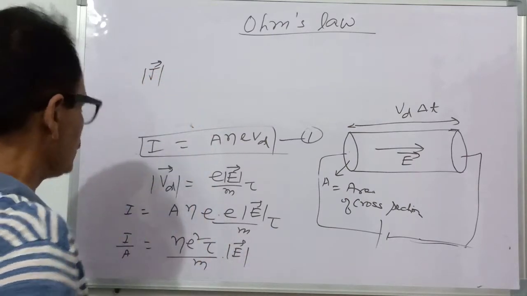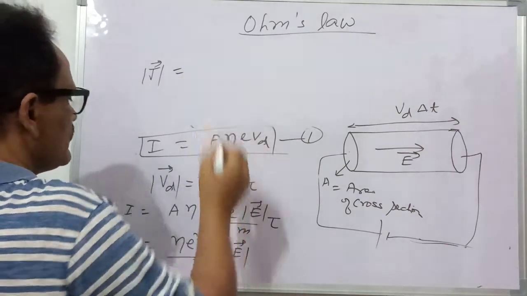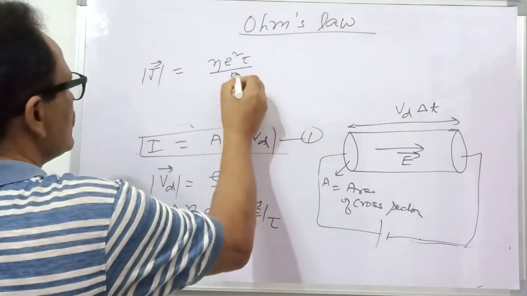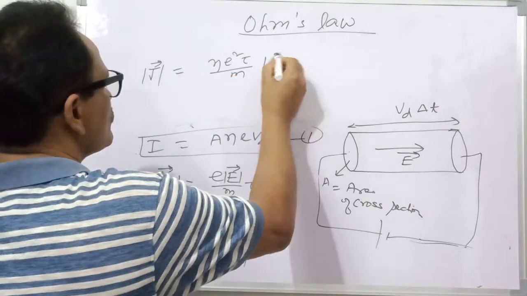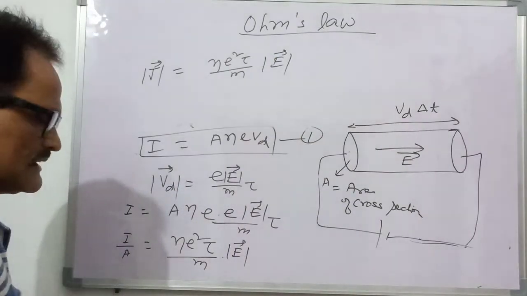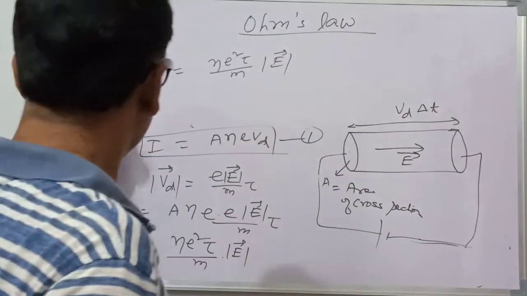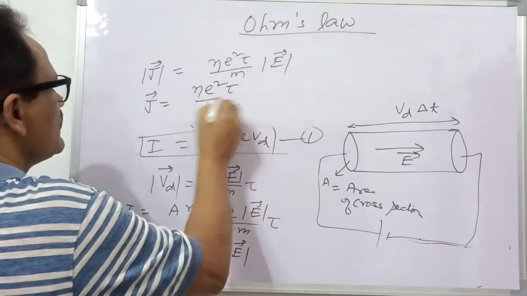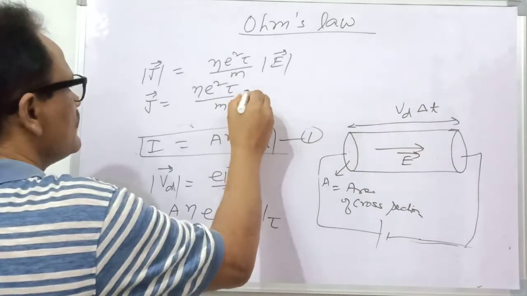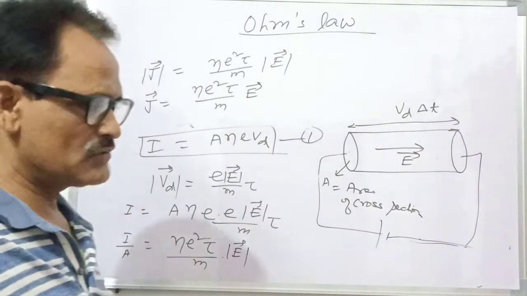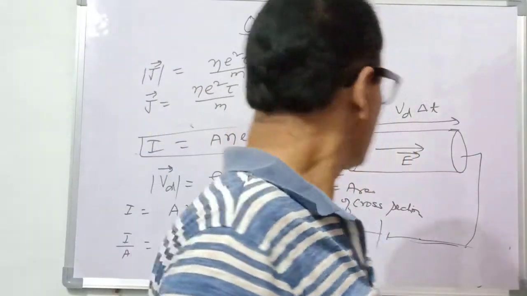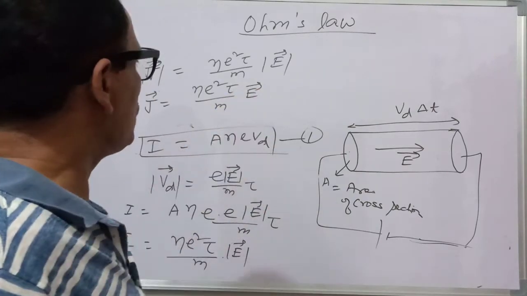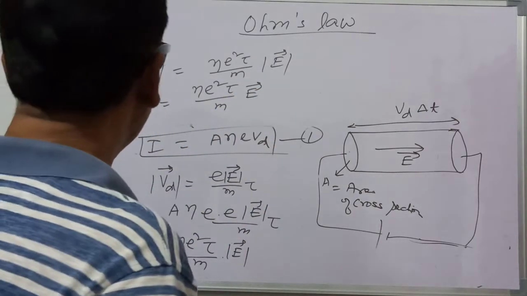Writing only magnitude, it is equal to n e square tau by m E, and in vector form you may write n e square tau by m E, because the direction of the current density is the same as the direction of the electric field, and here E is the applied electric field.